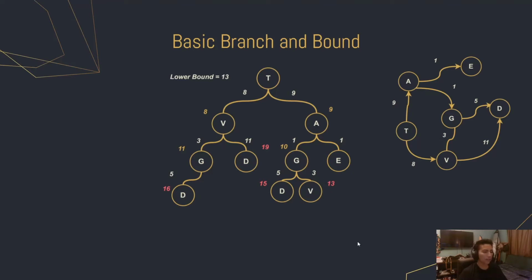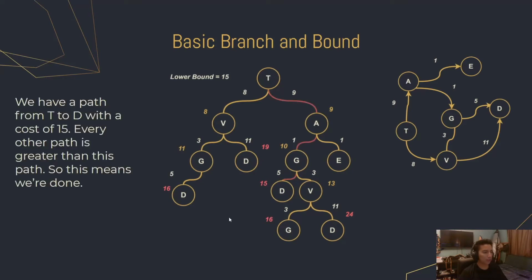So we have to branch this 13. Now we see 16, 19, 15, 16, and 24. So we see our lower bound is actually a path from T over to D. That means that's our solution. We found the best one. So that's the basic idea behind branch and bound.